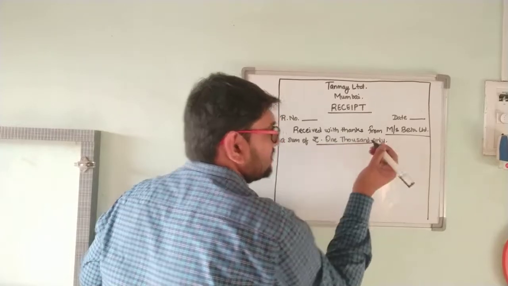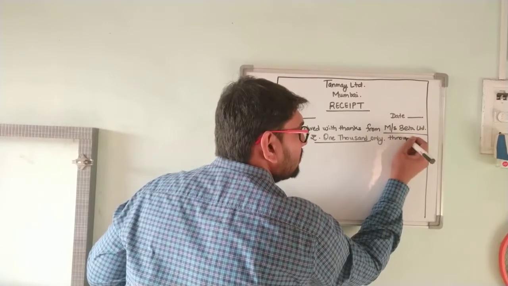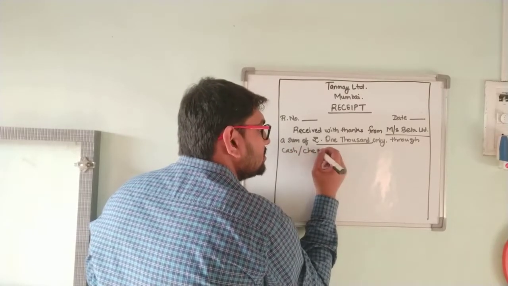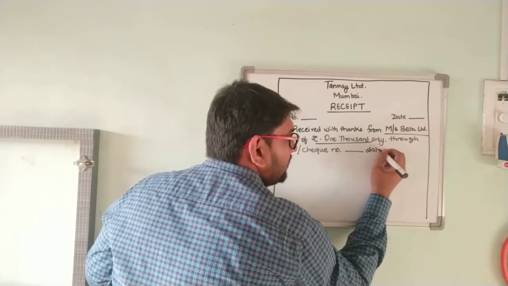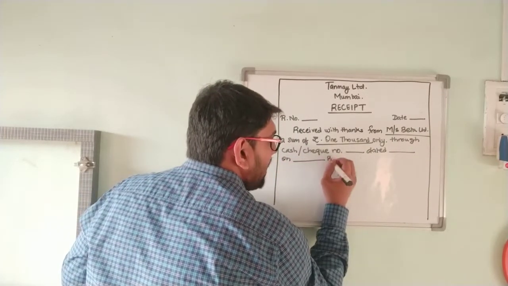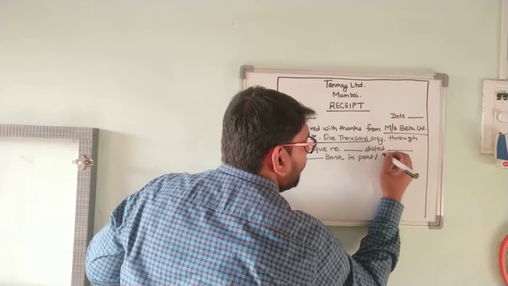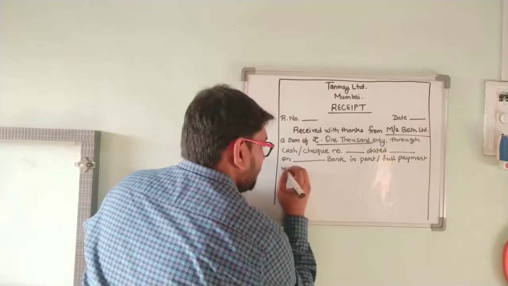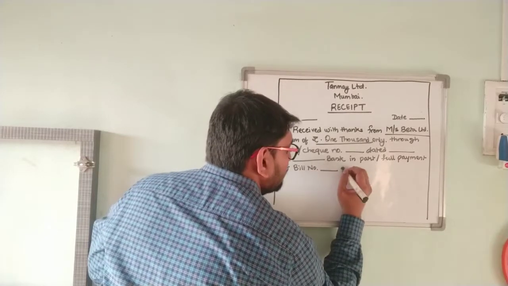I will underline this: 1000 only, through cash or check number something, dated something, on dash bank, in part or full payment of bill number dated.